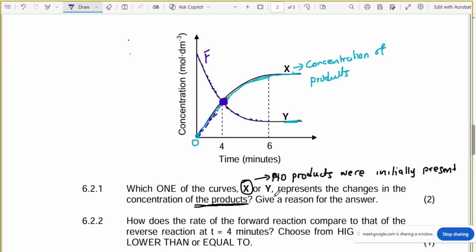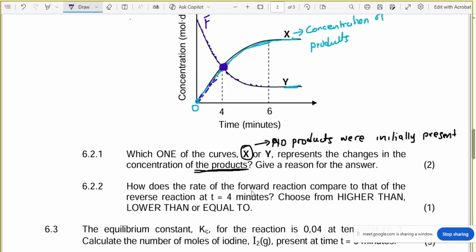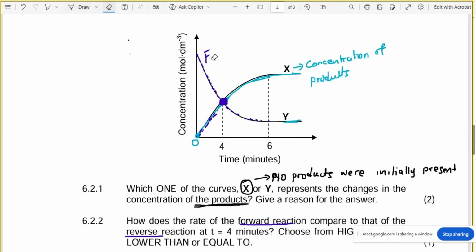So now they are asking us, how does the rate of the forward reaction compare to that of the reverse reaction at T4? No, I'm sorry, this won't be the forward reaction. The forward reaction is where we produce the products. So X will be the forward reaction, okay?